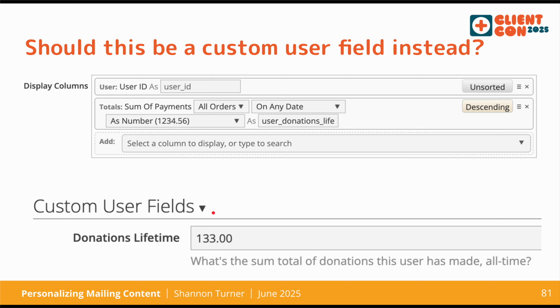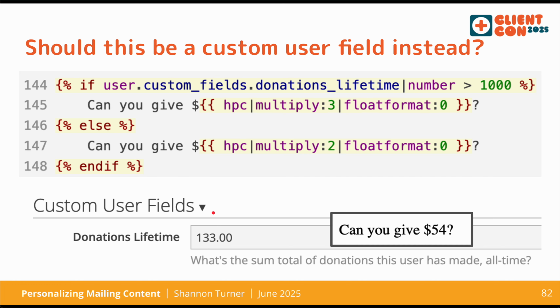As powerful as merge queries are, I really like custom user fields because they're always available, even for my pages, with no merge query necessary. So for instance, you could do this kind of conditional content with a custom user field.